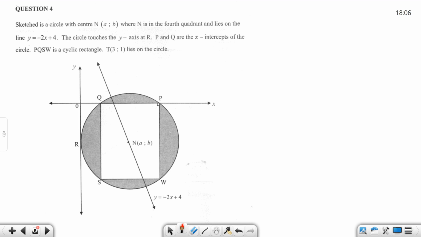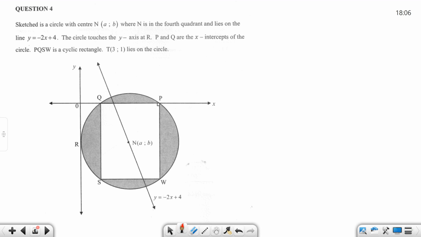P and Q are the x-intercepts of the circle. You see, when I read, I look for those points so that I can relate quickly. PQSW is a cyclic rectangle. It's a rectangle in a circle, which means it's a cyclic quad. Okay. T, which is (3, 1), lies on the circle. Where is T?